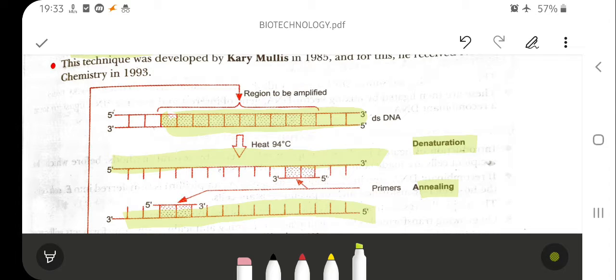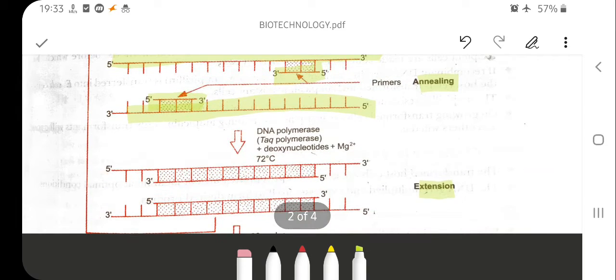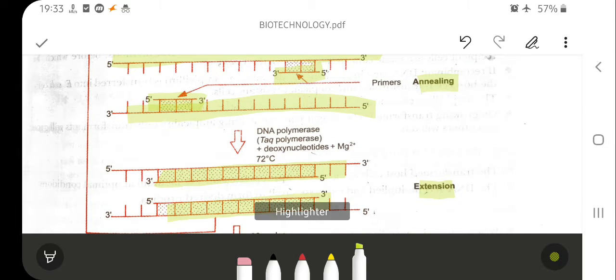And now we have two primers, and they will extend to form two DNA molecules with the help of the enzyme DNA polymerase, Taq polymerase, because it can withstand the high temperature and it won't get denatured. They are stable at the high temperature.